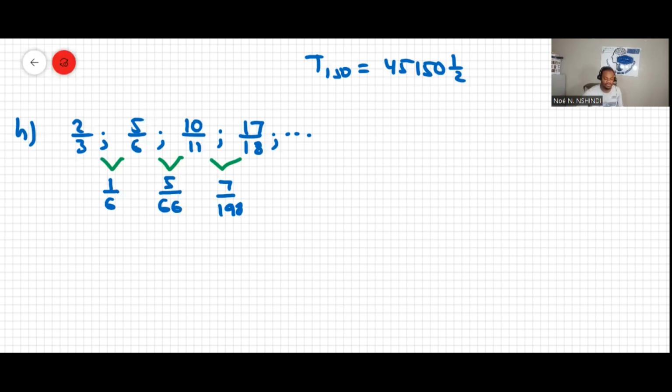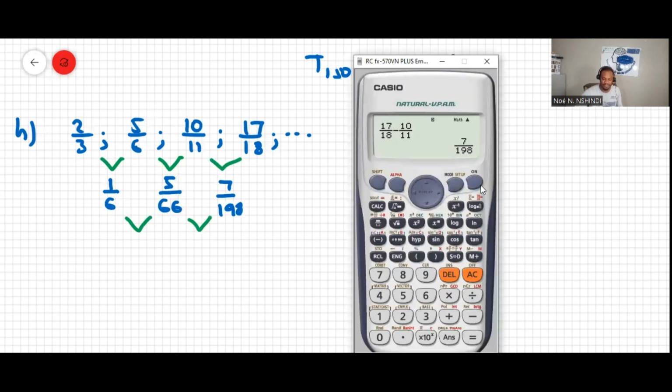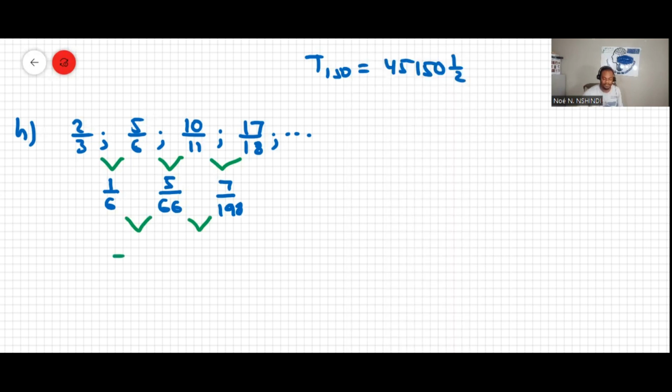Now let's just do the second difference. It's going to be 5/66 minus 1/6, and this is equal to negative 1/11.